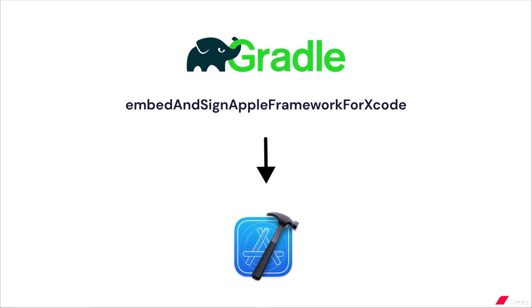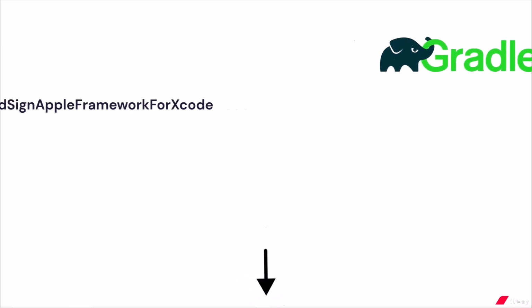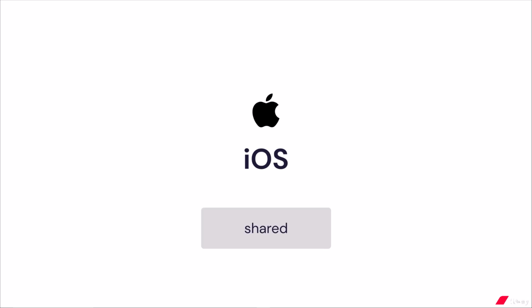The task is built into the multiplatform plugin, and it executes upon each build of the Xcode project to provide the latest version of the framework for the iOS application. Which means we will be able to access a shared module in our iOS application without any issues. In other aspects, the Xcode part of the cross-platform mobile project is a typical iOS application project.